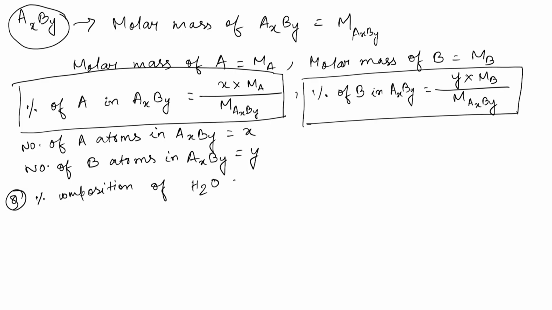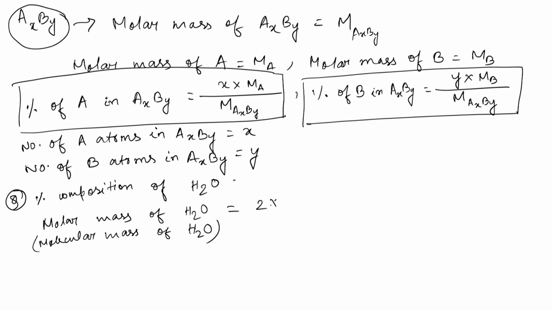The molar mass of water, or we can also say the molecular mass of water, is equal to 2 into 1, where 1 is the atomic mass of hydrogen, plus 1 into 16. So, 18 grams.